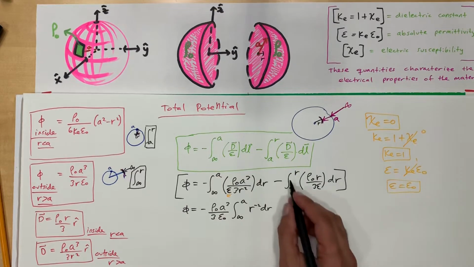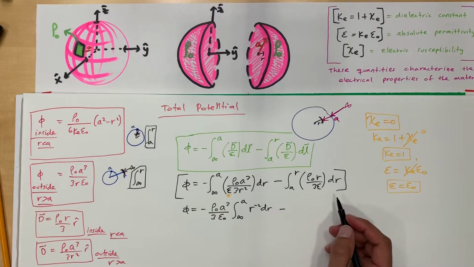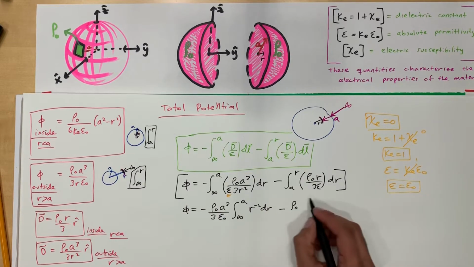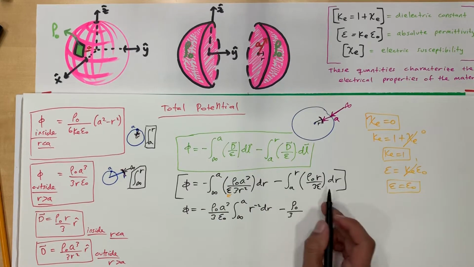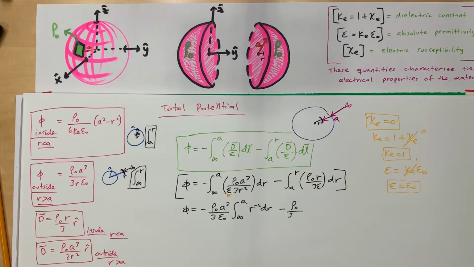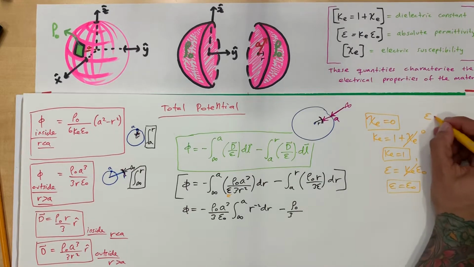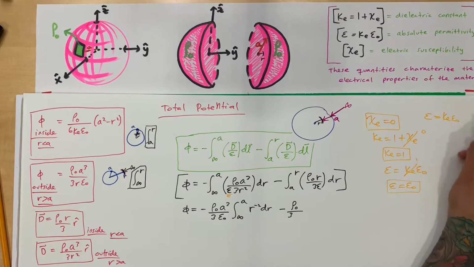And then here we have, let's take things out, and we're gonna have rho naught over 3. And what happens to this epsilon here? So this is inside the material, and so inside the material we know that epsilon, the absolute permittivity, is equal to Ke epsilon naught.